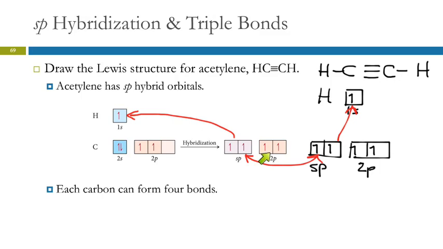Then we have 2 unhybridized p orbitals. If these hybrid orbitals are along this axis, then the p orbitals are going up and down and in and out. And so these 2 can overlap. That's going to form a pi bond, and the other 2 can overlap, and that's going to form a pi bond.